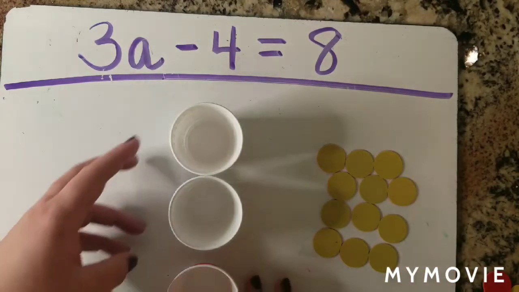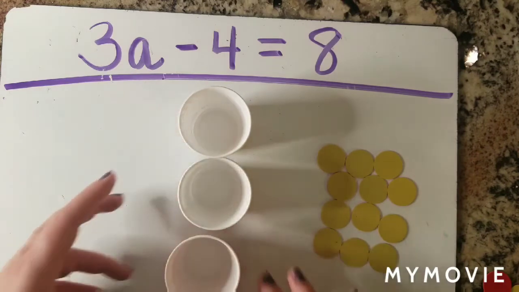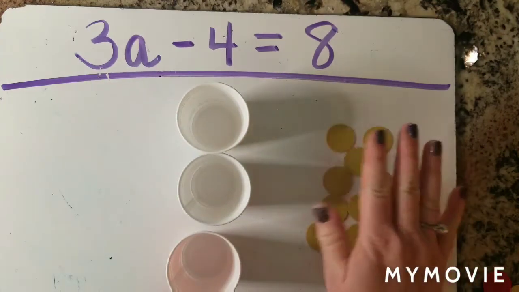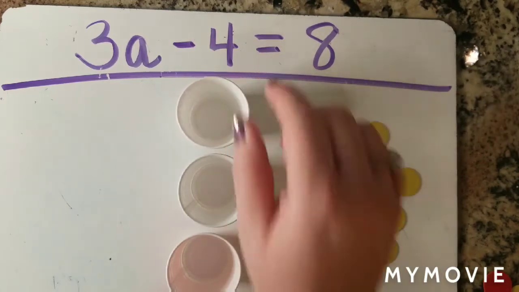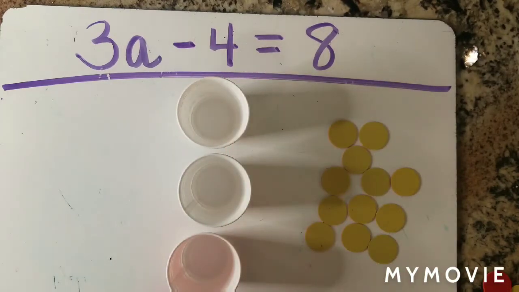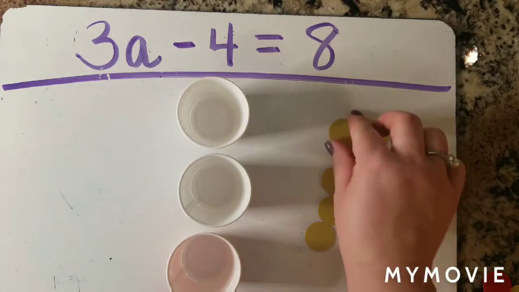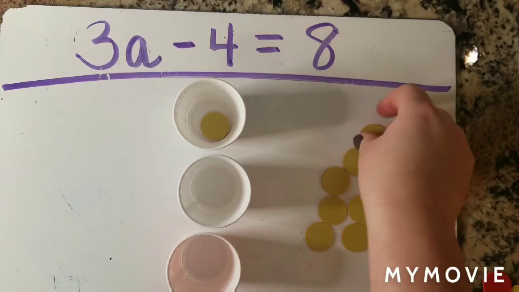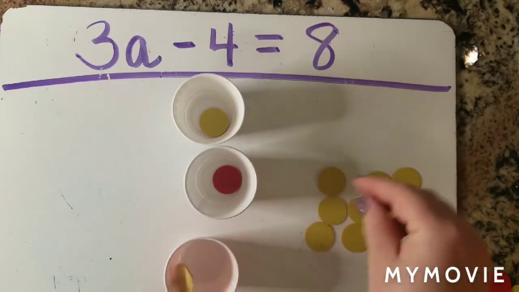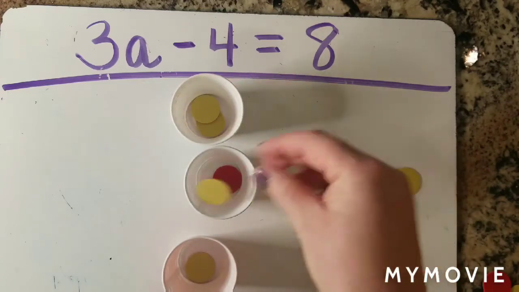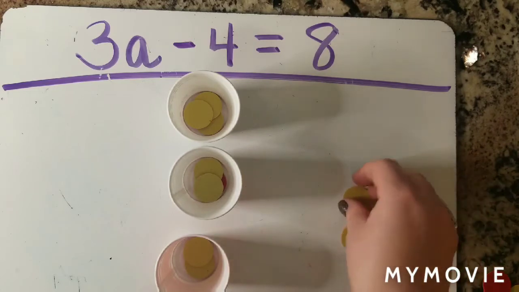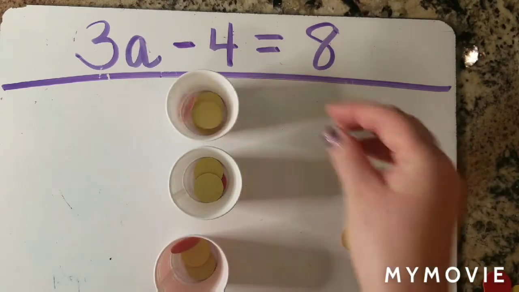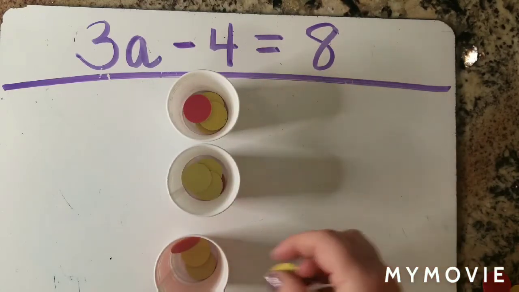So how do I get my variable by itself? I'm going to divide these chips into these 3 cups. And I need to do it one at a time so I make sure I have equal groups. So 1, 2, 3. 1, 2, 3. 1, 2, 3. 1, 2, 3.